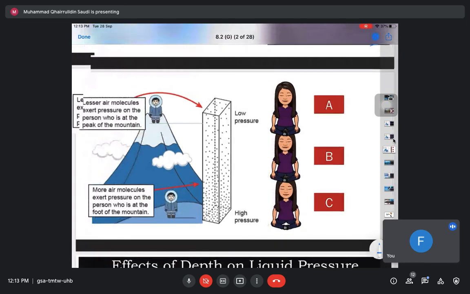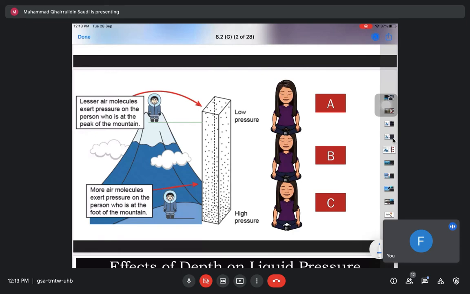Alright, so about air pressure, if you have been on an aeroplane, okay, let's say you bring an empty bottle inside the aeroplane. And then when the aeroplane is at the higher altitude, okay, your empty bottle will expand.